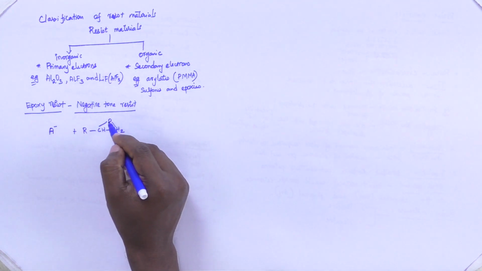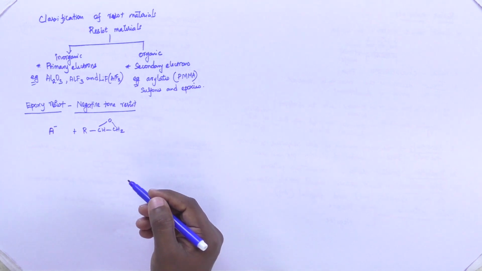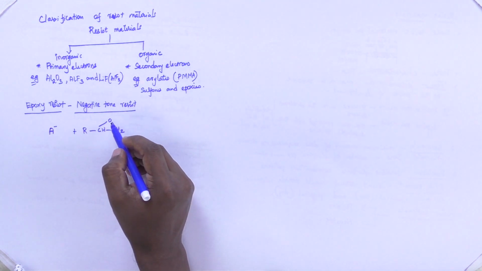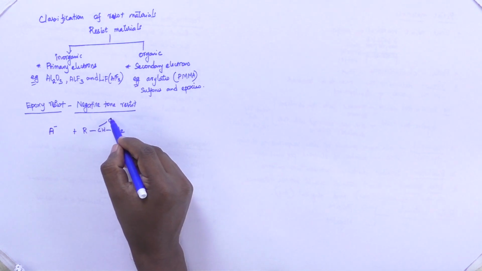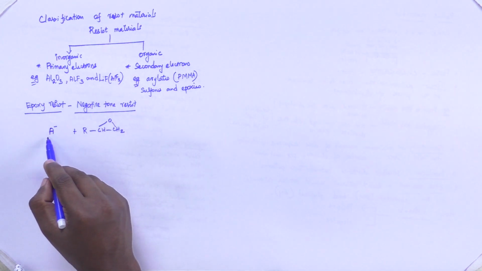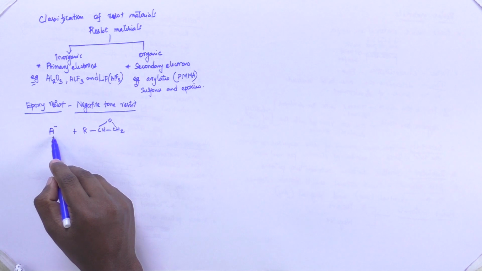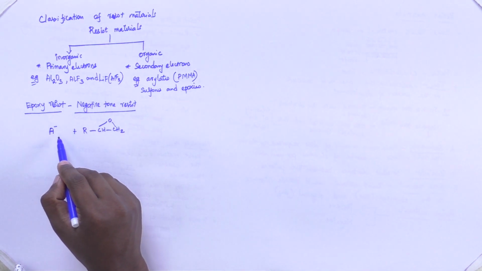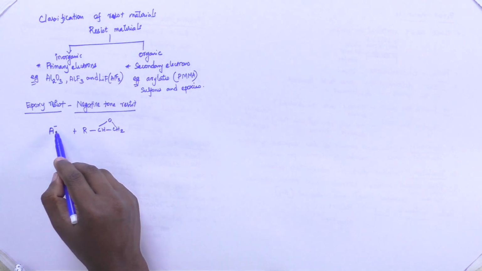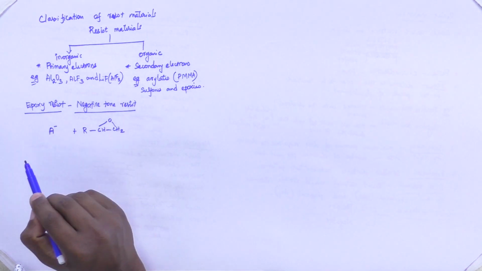Because this is a strained molecule, even a small energy will make this epoxy cyclic ring break to become O minus. So this is such a negative species produced in the polymer material because of the action of the secondary electron.